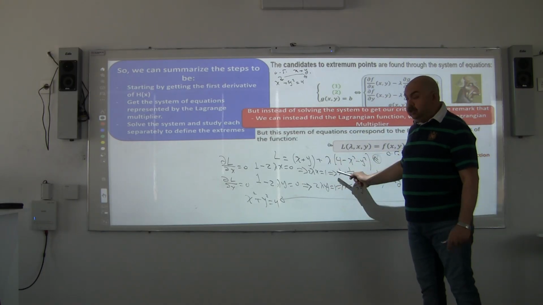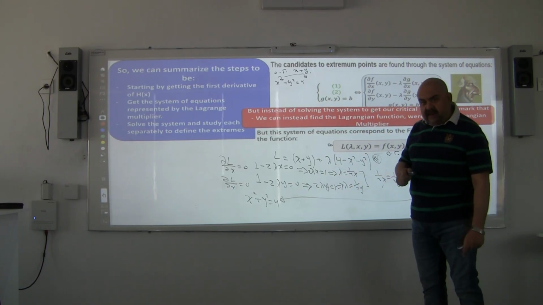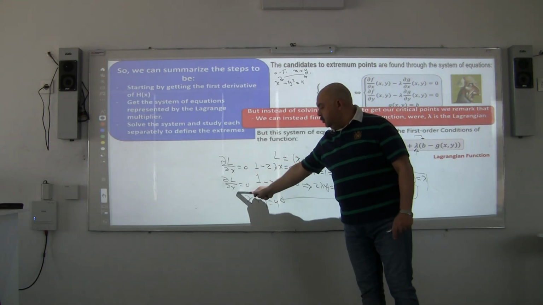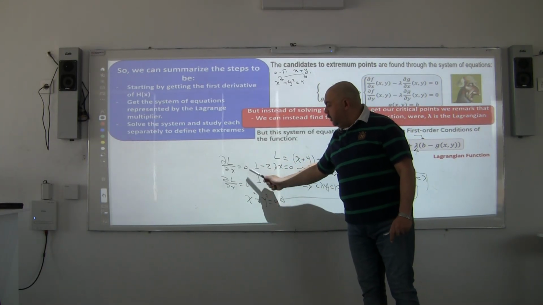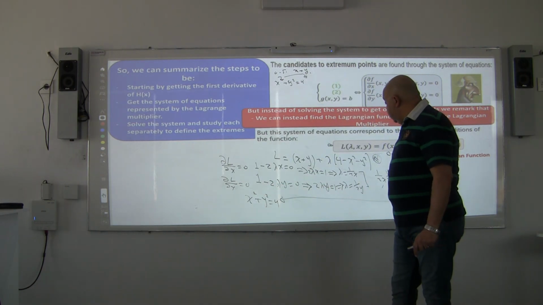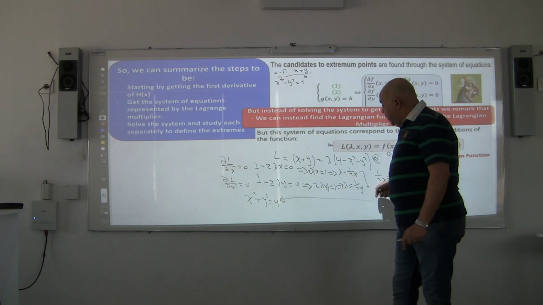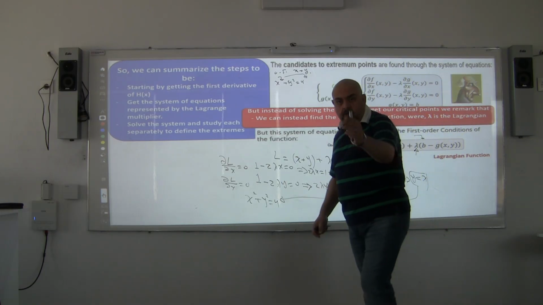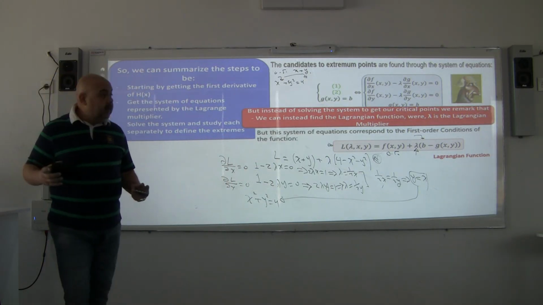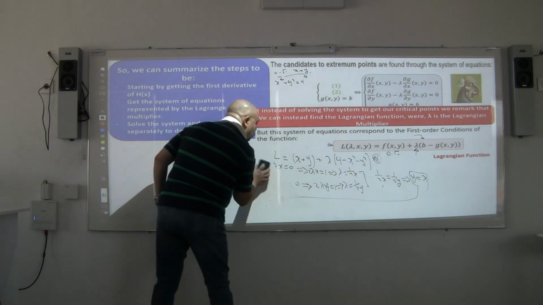Now I differentiate the Lagrangian partially with respect to its variables: L with respect to x, L with respect to y, putting them equal to zero. Then I will be able to get the critical relation connecting x and y. Using it with the condition, you will get the critical points, exactly like the first method. Okay? Very good. That's the Lagrangian method.